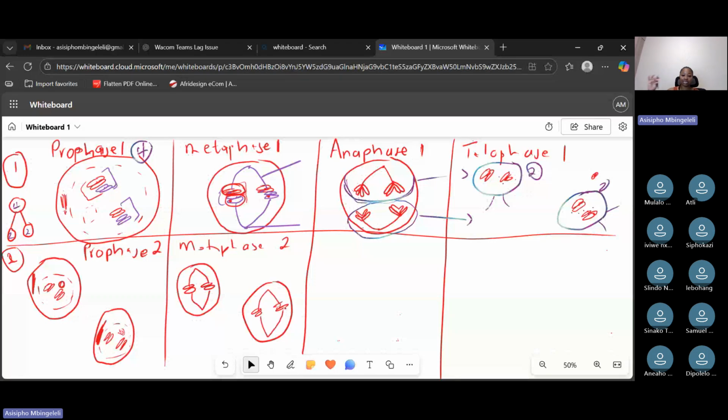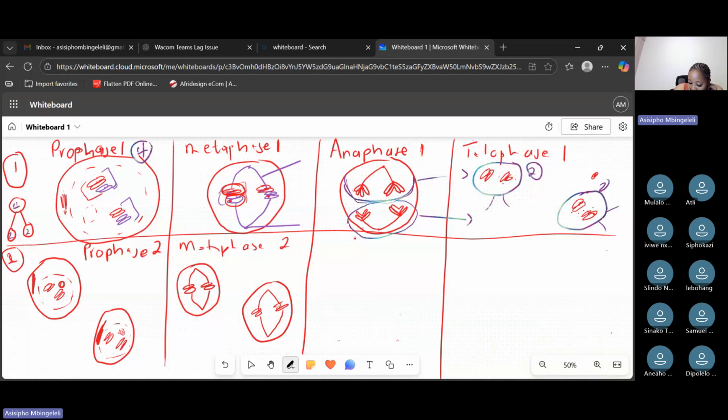They should be perfectly aligned in the middle of the equator, but mine just don't want to align perfectly. And this is random. Now, I hope by now you are comparing your metaphase diagram 1 with your metaphase diagram 2. You are comparing the stages of division 1 with the stages of division 2.